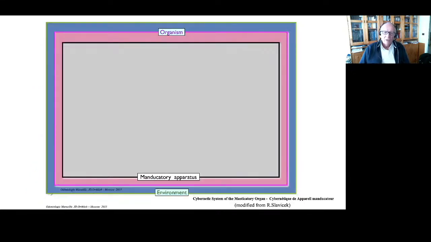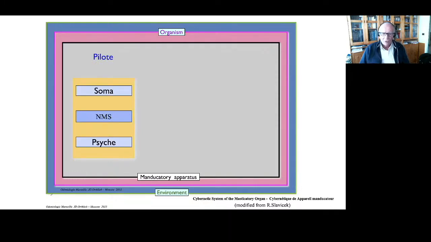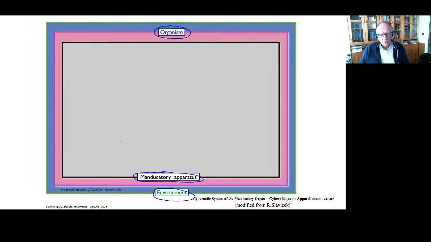Understanding the patient is to put the patient in a cybernetic system, which was described by Rudolf Slavicek, where the environment, one organism, the patient, the masticatory system of the patient, is piloted by the central nervous system with this somatic part and with this psychologic part.